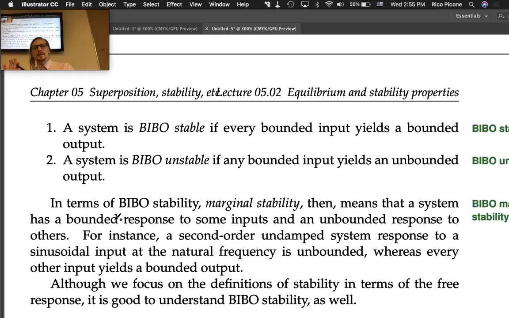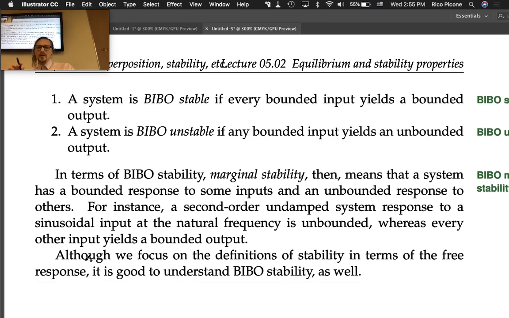So this is slightly different. In terms of BIBO stability, marginal stability then means that a system has bounded response to some inputs and unbounded to others. For instance, and this is one of the interesting edge cases, a second order undamped system's response to a sinusoidal input at the natural frequency is unbounded, whereas every other input yields a bounded output.